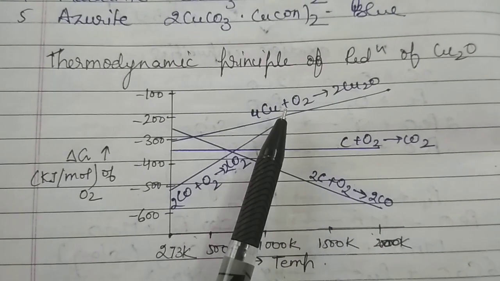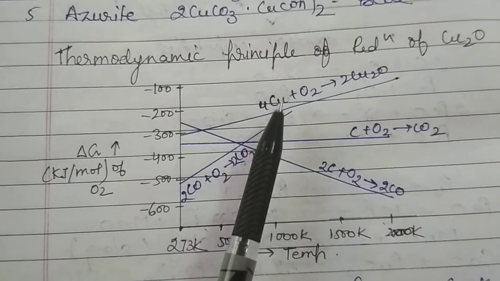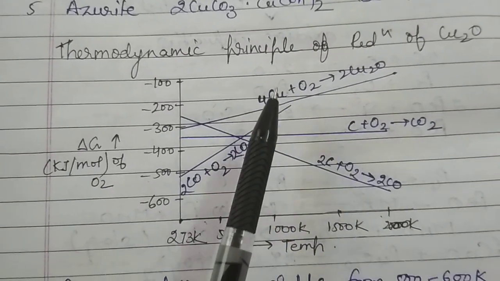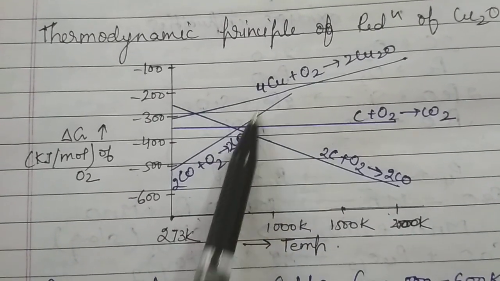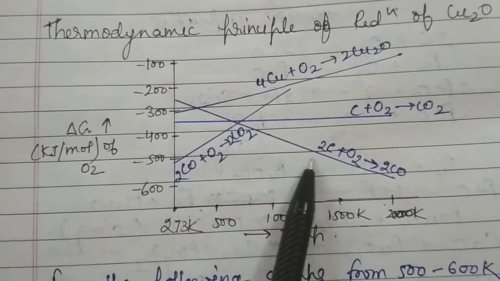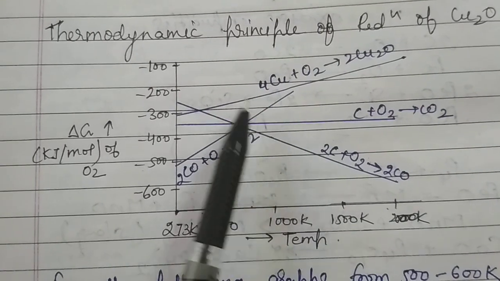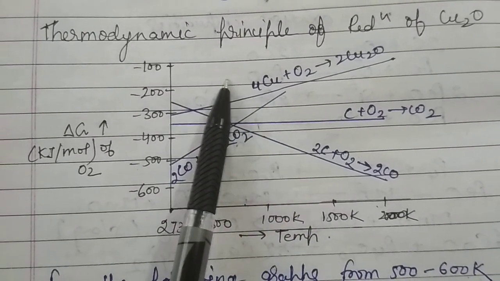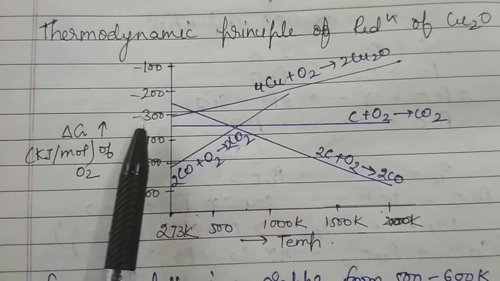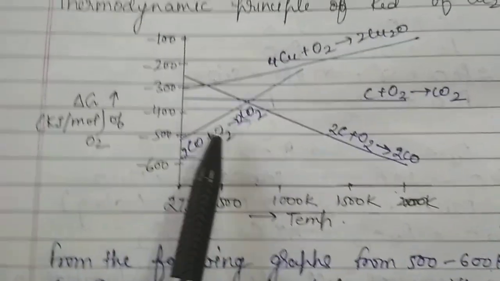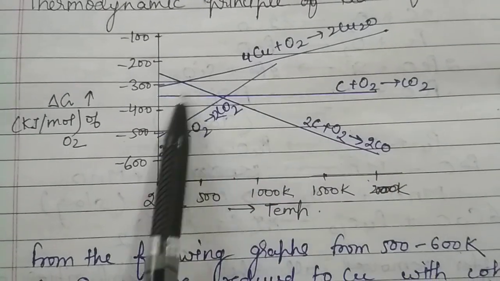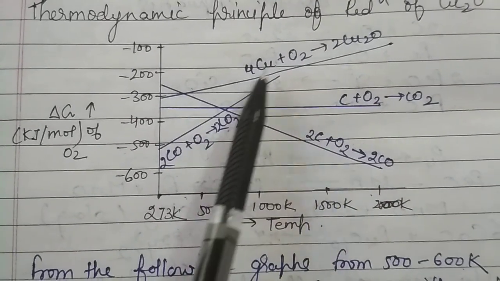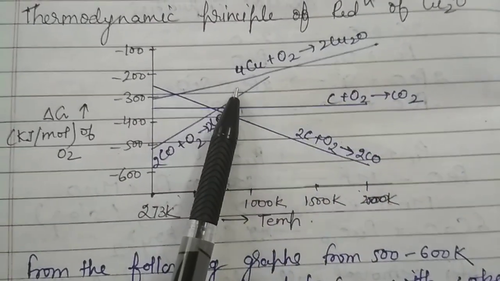As we have already discussed in the features of the Ellingham diagram, those which are below can reduce the metal from their oxides. So they are all able to reduce copper oxide to copper.